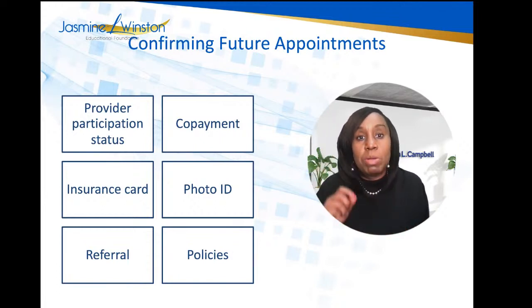When you are confirming appointments, you also want to let the patient know anything that they owe us. Co-payment, we'll talk about that in another session. But if they have dollar amounts that they owe us, let them know it is due at the time of service. Always ask patients to bring their insurance card, their photo ID.